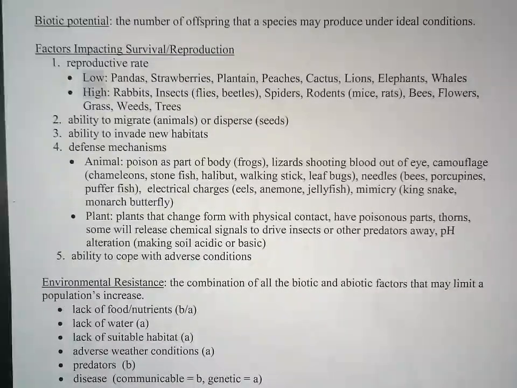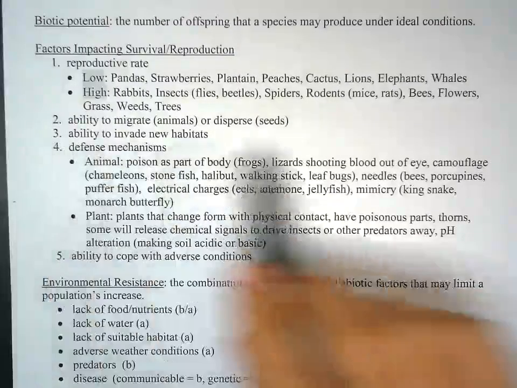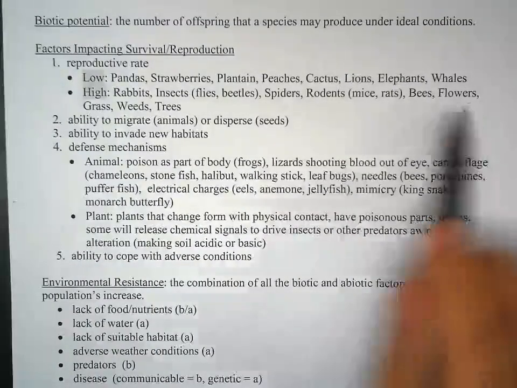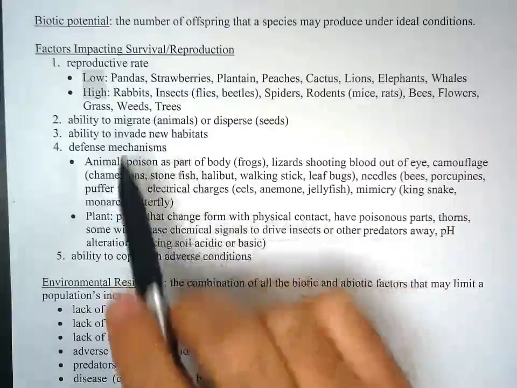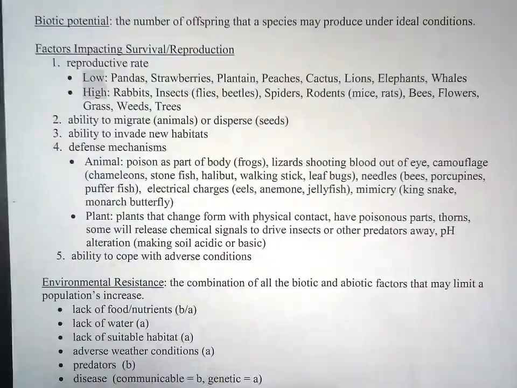Because you have to remember that the babies are growing up and then they're having babies. So that can explode. You can see how fast they reproduce. Think about that, over 5,000 in just 1 year from just 2. Okay. All right. Plants, flowers, grass, weeds, trees, all that kind of stuff has very high reproductive rates.